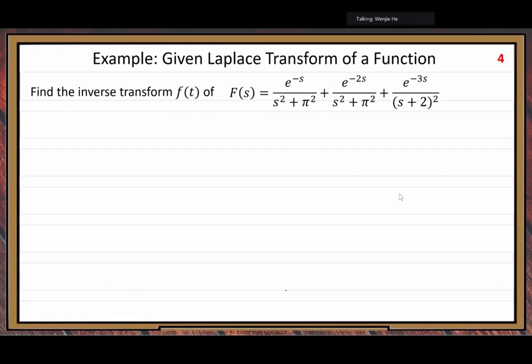So each one we do that way. The first time we calculate the inverse Laplace transform with numerator 1. We know how to calculate, right? So then apply the second shifting theorem. Numerator 1 here corresponds to the sine function, right?